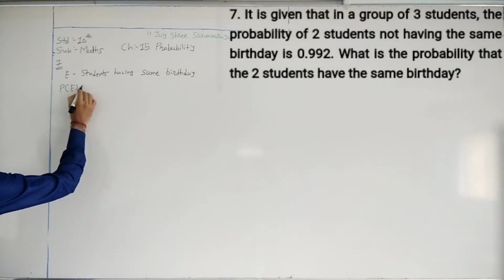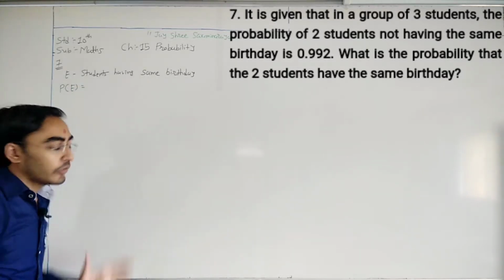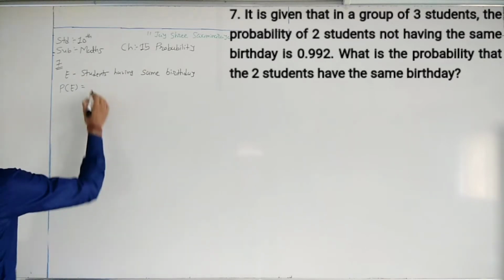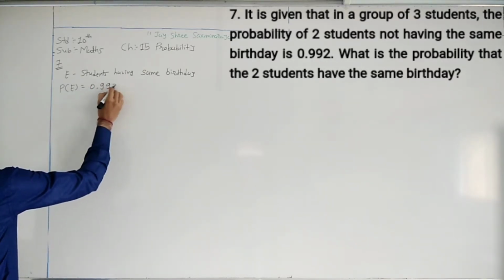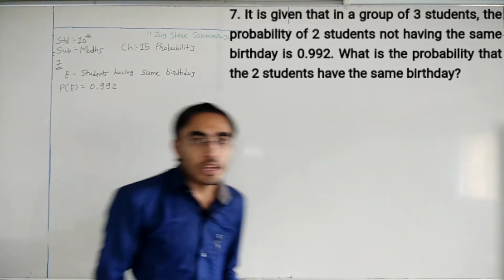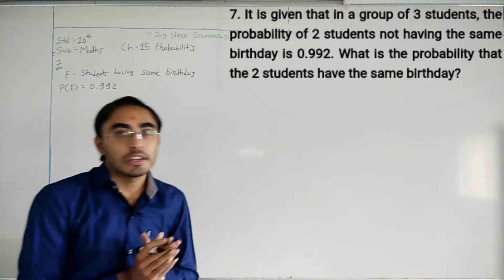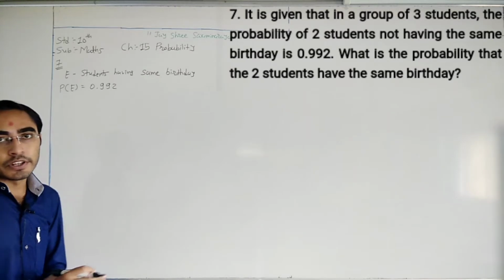So probability of event E, that means probability of students having same birthday is 0.992. Okay, we need to find the probability of students not having the same birthday.